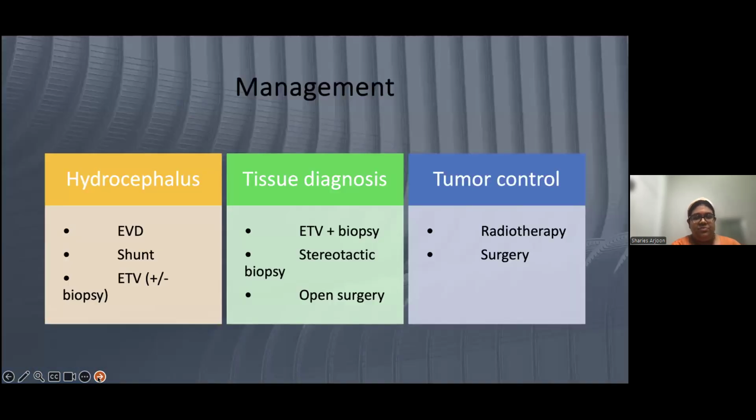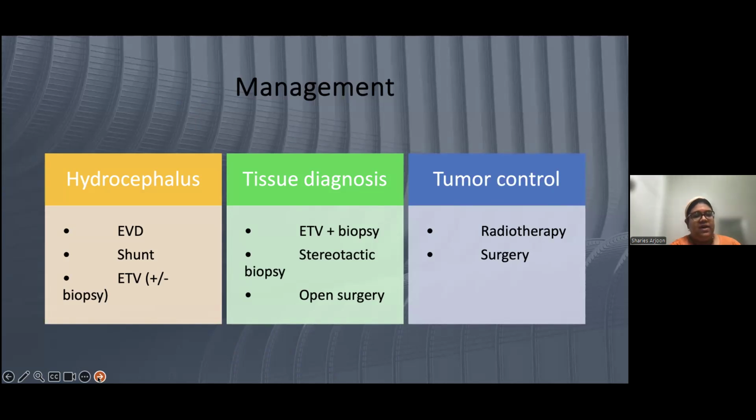The management of these patients is geared with these three things in mind. Does the patient have hydrocephalus? We have to do a tissue diagnosis and tumor control.